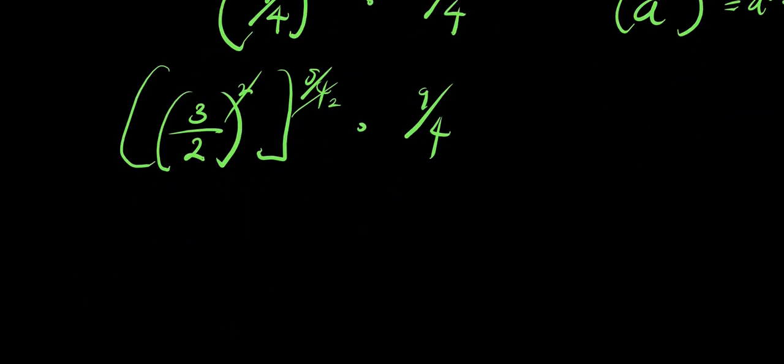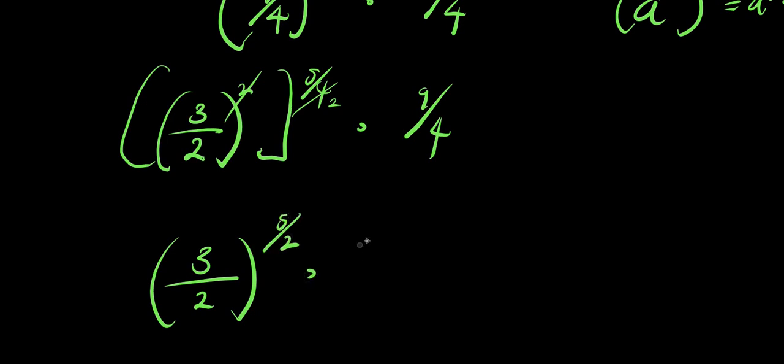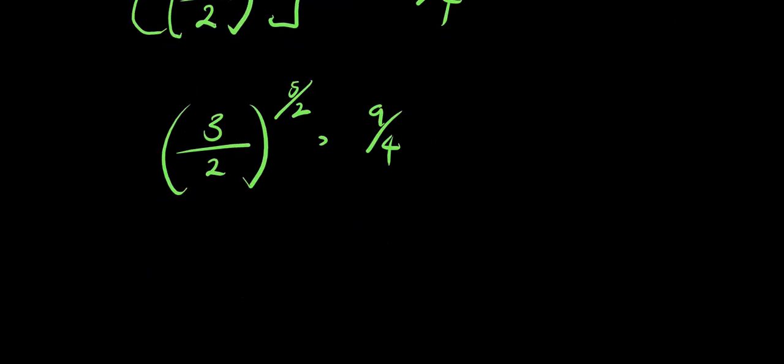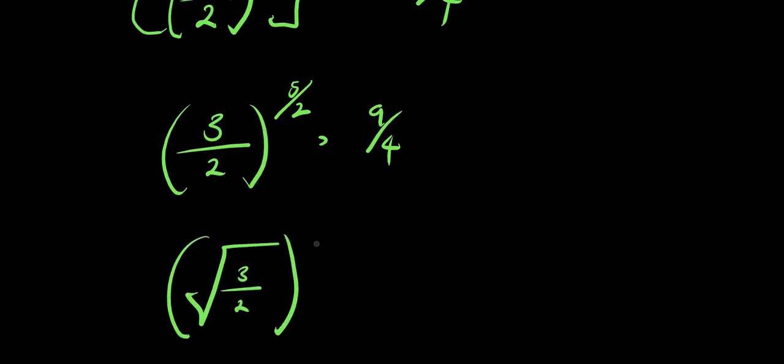So from here, 3 divided by 2 to the power of this is 5 over 2 times 9 over 4. Have you seen that? So from here, we take the square root, right? So we have square root of 3 over 2 raised to the power of 5 because of this. So this will be times 9 over 4.